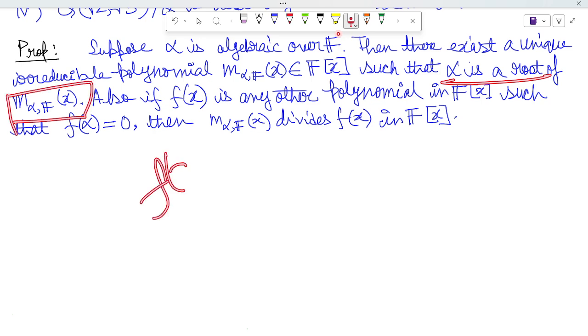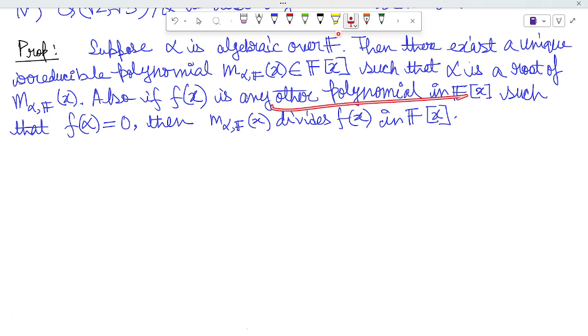Also, if f(x) is any other polynomial that has a root alpha, then that polynomial, which I denote by m(x), is the irreducible one of smallest degree. Irreducible means obviously it will be of the smallest degree, because if you get another smaller degree, then you are decomposing, and it is no longer irreducible. Then that polynomial divides f(x), that is, it is a factor of f(x).